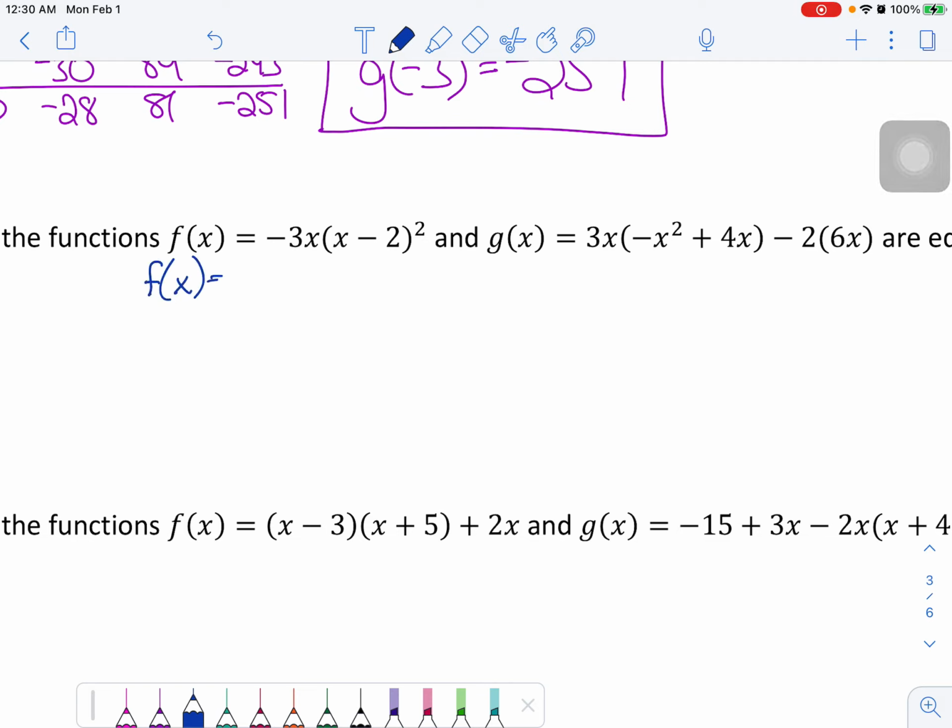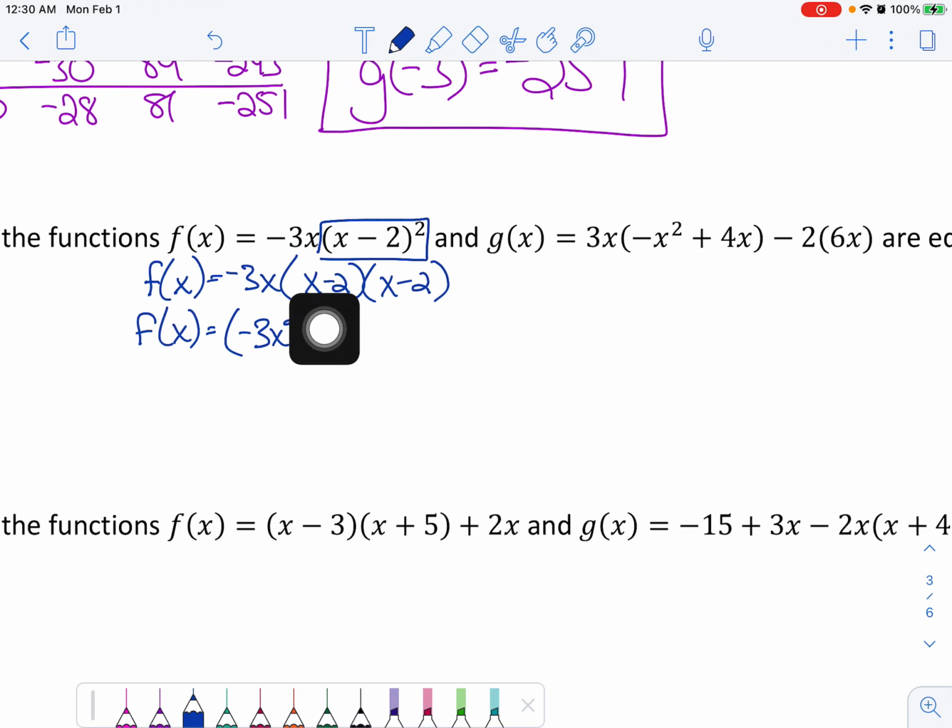So the first thing I'm going to do for f of x is to deal with this power. So -3x times x minus 2 times another x minus 2. Now, when I'm going to distribute, I can only distribute one thing at a time. So I'm just going to take this -3x times this x minus 2. So plus 6x, x minus 2.